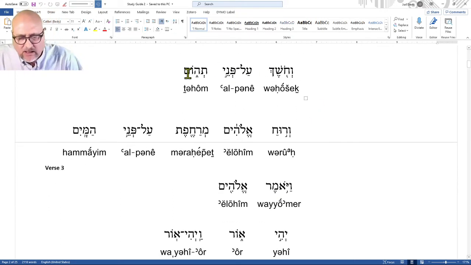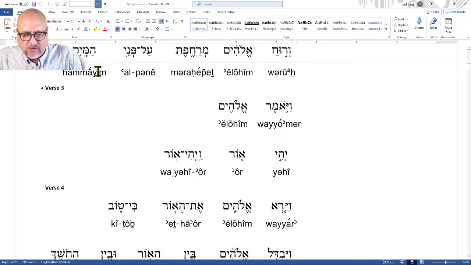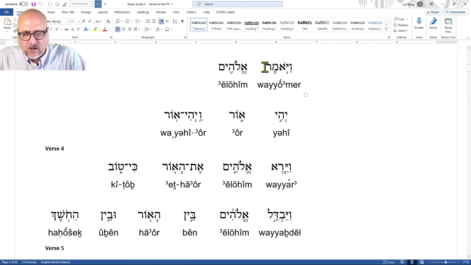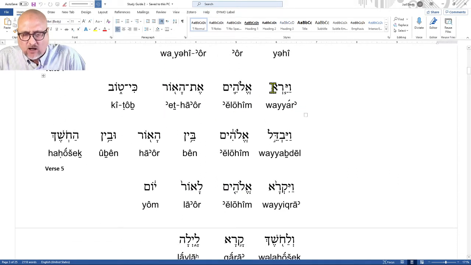Ve'hoshek al pnei tehom, ve'ruach Elohim merachefet al pnei hamayim, va'yomer Elohim yehi or va'yehi or, vayar. So that's a tricky one because that's a quiescent aleph there.